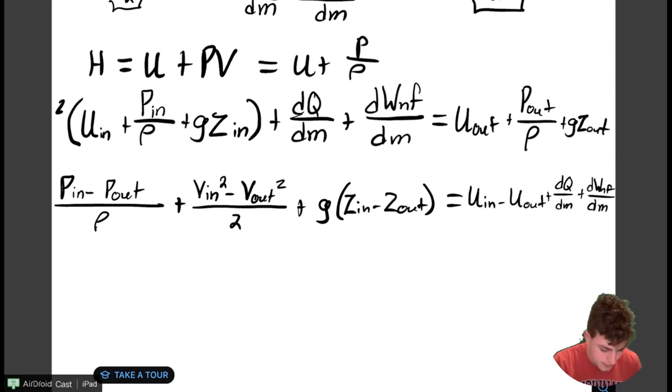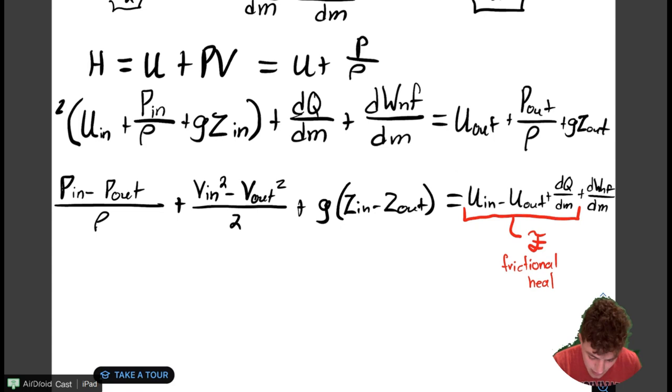Now, in Bernoulli's equation, or rather in any sort of thermodynamics concept, this entire term, this change in internal energy plus the differential of heat with respect to mass, is generally referred to as frictional heating, sometimes denoted with this F here. This is frictional heating. So this would be all of the heating that occurs from rubbing, say, the stirrer against the particles of the fluid, or so on.